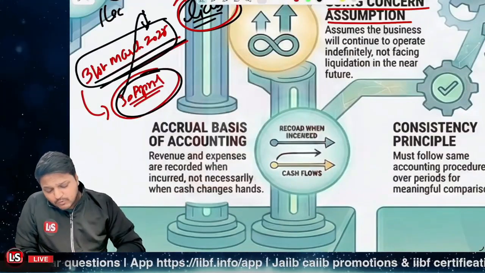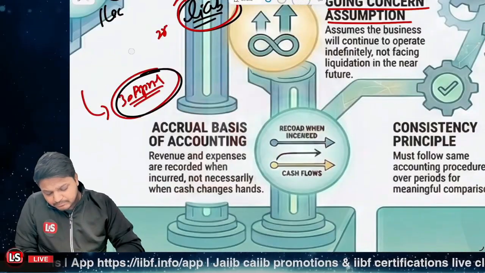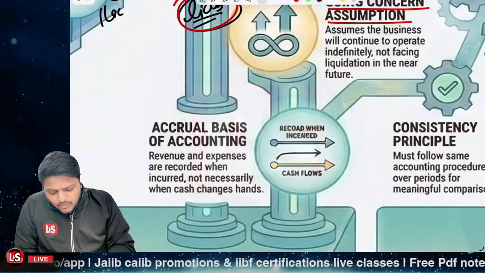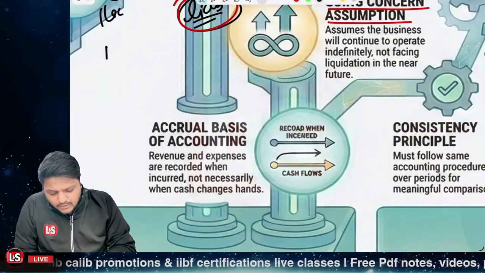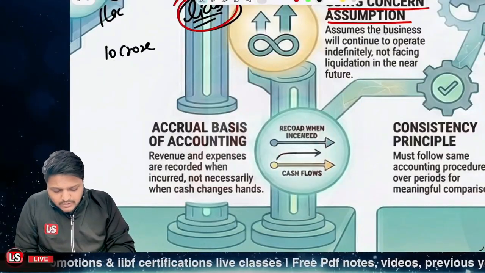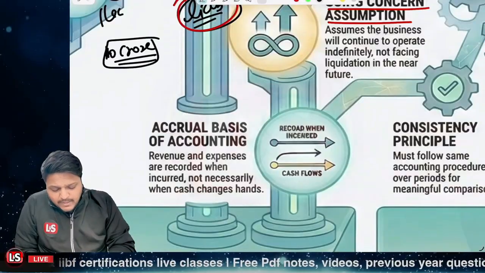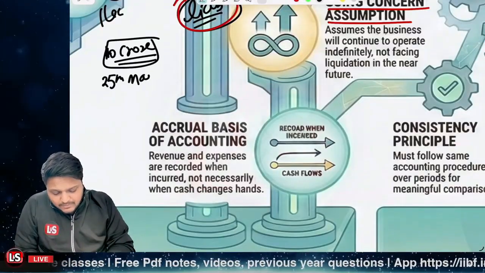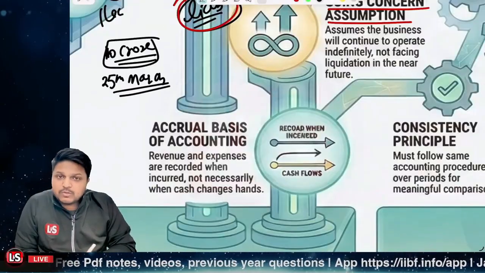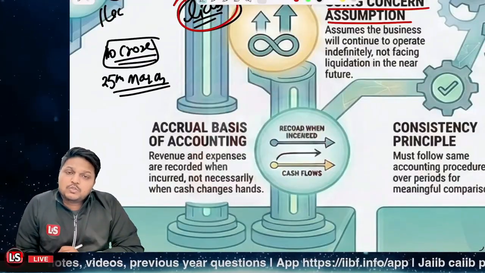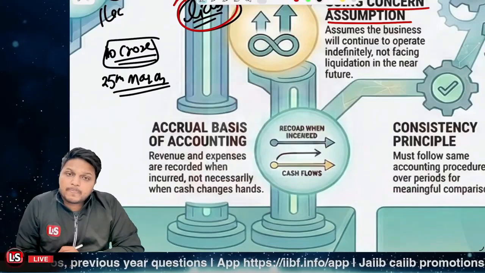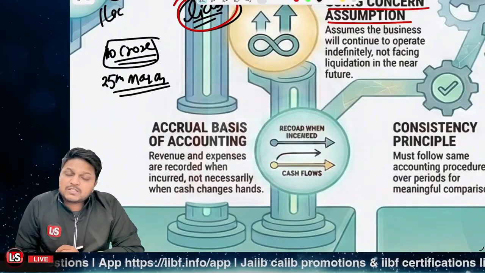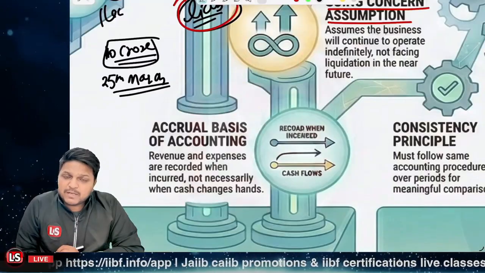Let me give you one more simple example related to it. Let's say a loan was there amounting to rupees 10 crore, and the installment was due on 25th of March, right? The interest was accrued. The principal amount which was due by 25th of March is not being paid by 31st of March.